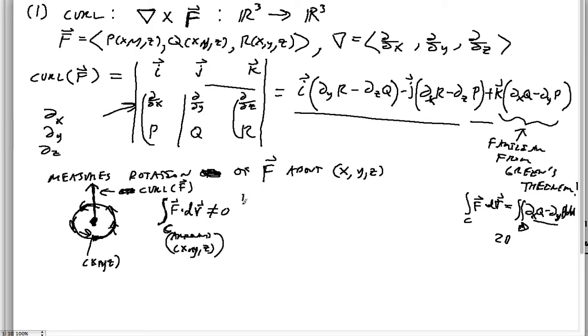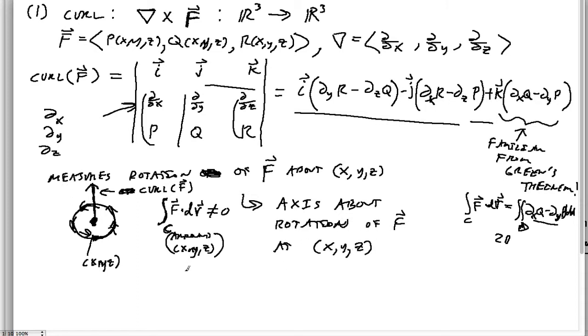So what it represents is an axis about the rotation of f at the point x, y, z. Operationally, that's what it is. The curl is a vector that sticks perpendicular to the net vorticity around that point.